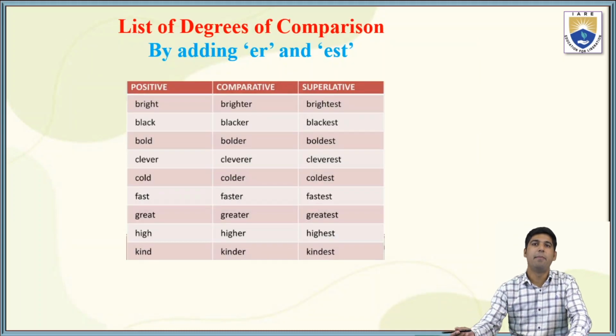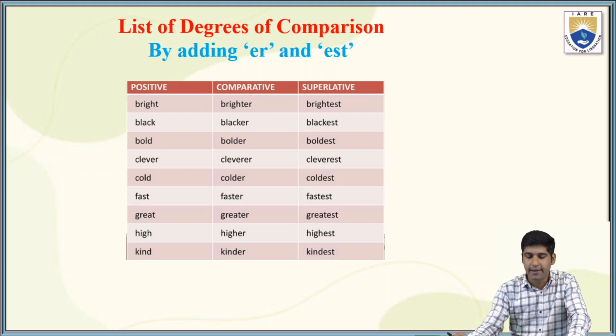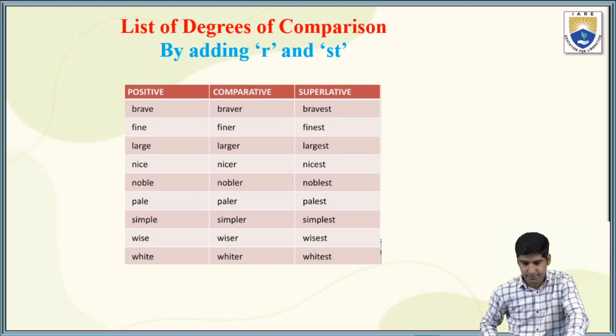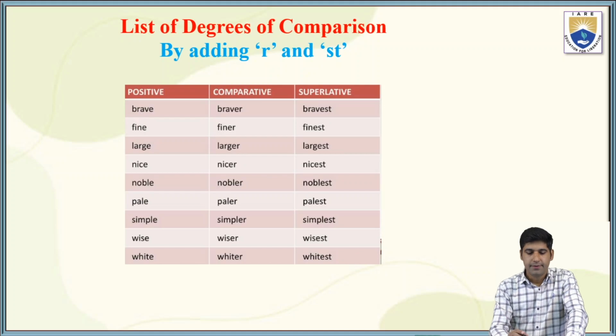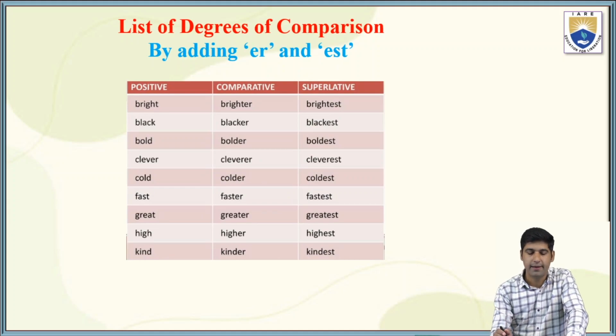Now, how can we make degrees of comparison? We can make degrees of comparison by adding ER and EST. We have some adjectives like bright, black, bold, clever, cold, fast, great, high, kind.